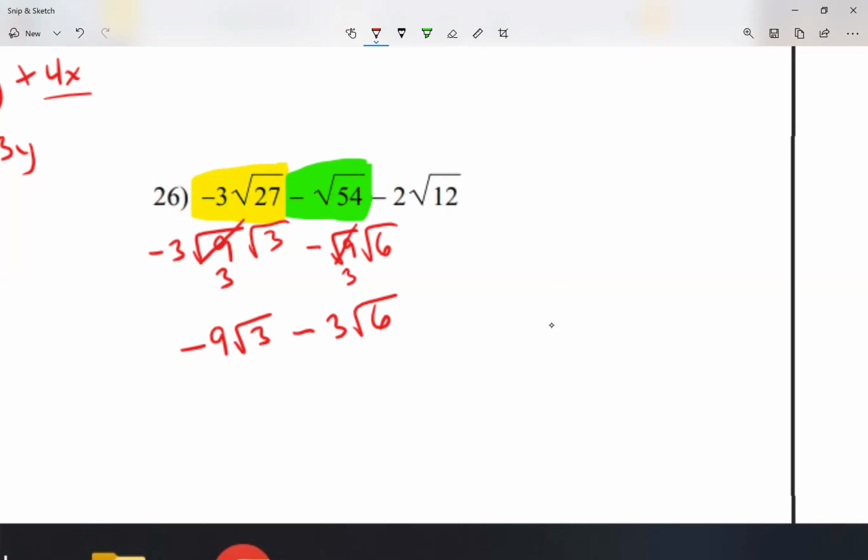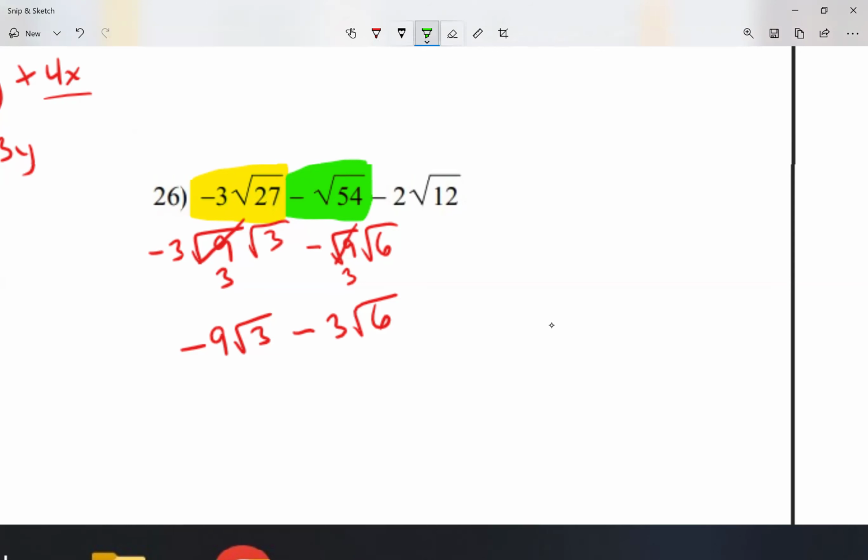Now, I know some people can think, well, 6, I can break it as 2 times 3. And yes, I can break it as 2 times 3, but neither the 2 nor the 3 are a perfect square. So remember, in order for me to simplify even more, I ask myself, can I break it down into two numbers that multiplied equals 6, but one of them being a perfect square? I cannot, so that is as simple as we can go.